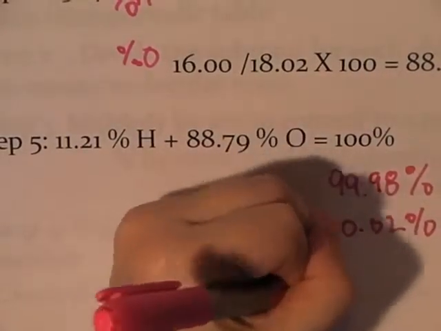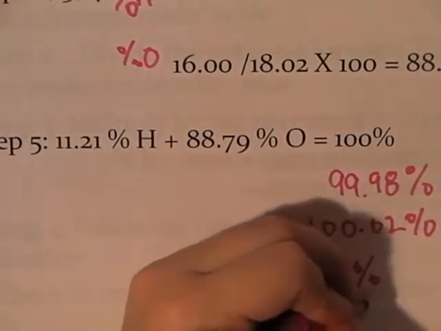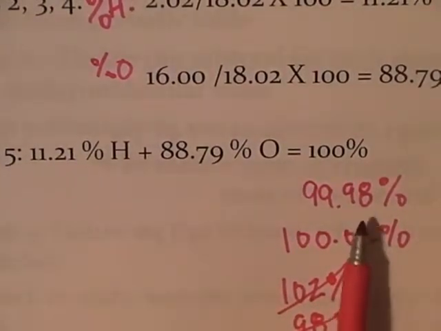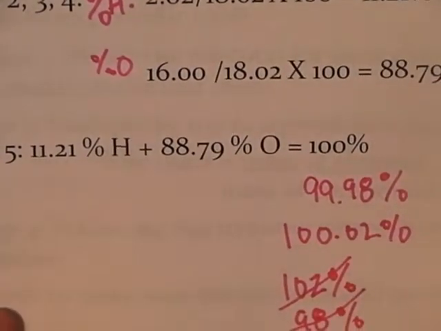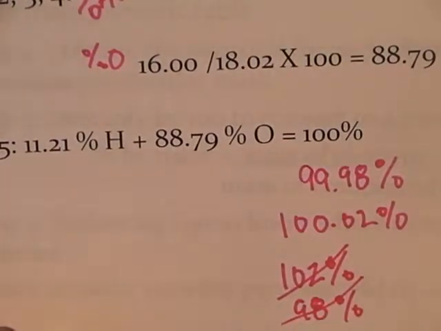If you get 102 or 98, you've done something wrong. Those are not acceptable. Off by a couple of decimal places is fine. It just depends on what periodic table you're using and if you have to round your numbers or not. All right, so not any more difficult, just a few more steps.